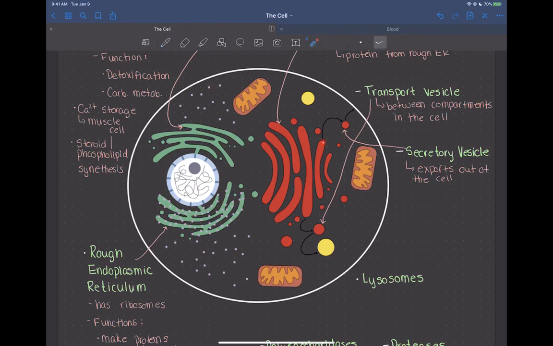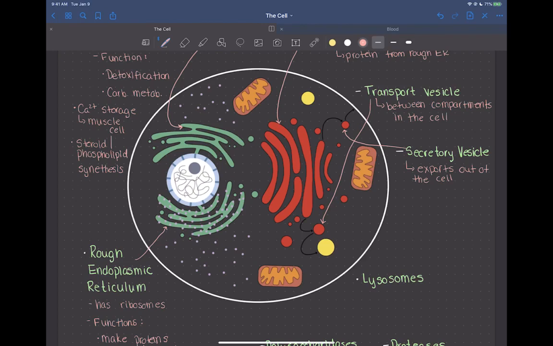It's going from the Golgi to the cell membrane, and whatever contents it has in here, it will release outside of the cell when it reaches the membrane. So secretory, because it's secreting something out of the cell. Okay, so that's the Golgi.